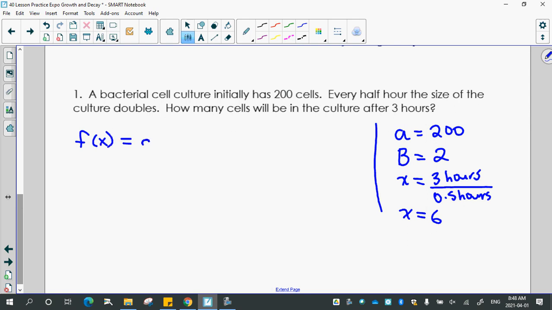So we're going to start off with writing out our general formula. F of X equals A times B to the power of X. And then we're going to substitute in everything we know from our given side. So F at X is 6 equals A, which is 200, times, so bracket, 2 to the 6.